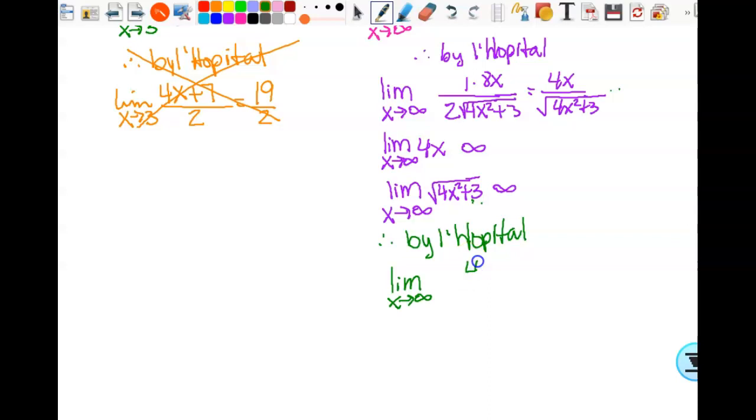Okay, so that'll give me 4 over 4x over the square root of 4x squared plus 3. When you simplify that, you're going to get the square root of 4x squared plus 3 over x.